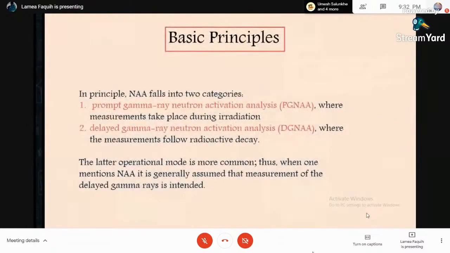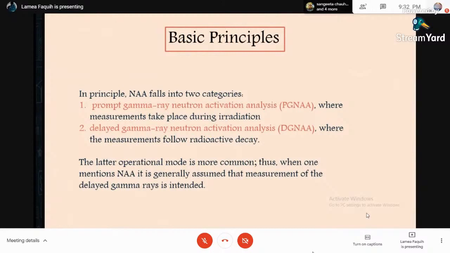So there are two basic principles for neutron activation analysis, NAA. One is prompt gamma ray neutron activation analysis, where I take my measurements during the radiation. And the second is delayed gamma ray neutron activation analysis, where the measurements happen after the whole decay takes place.